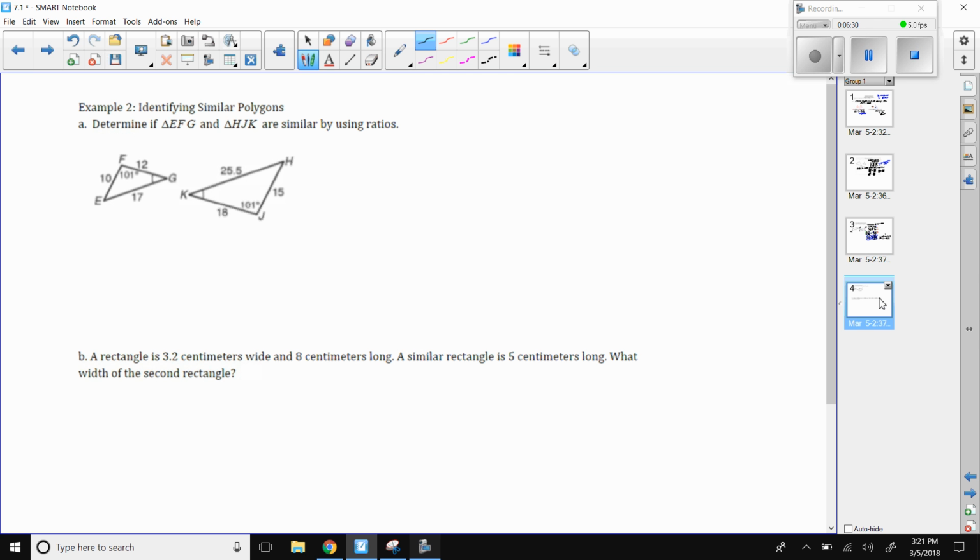And our last one here, we want to determine if they are similar by using our ratios. I'm definitely going to put in which ones are matching with which for this. So I see J and F are the same. So this is the same as J, this is the same as K, and this is the same as H. So that should help me here. I really want to write a proportion again and check it.